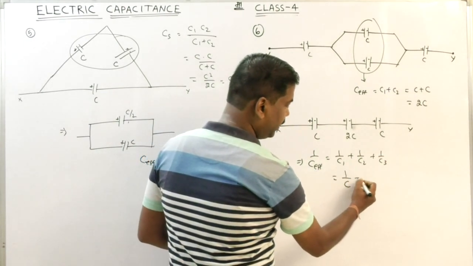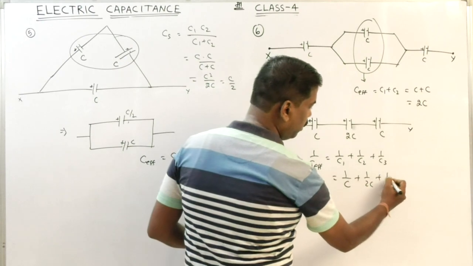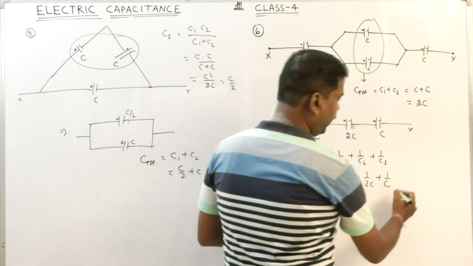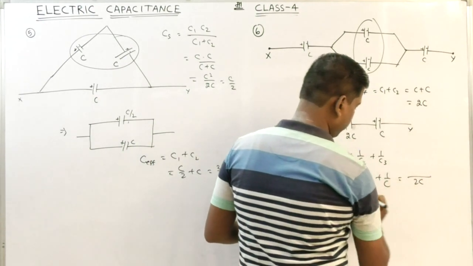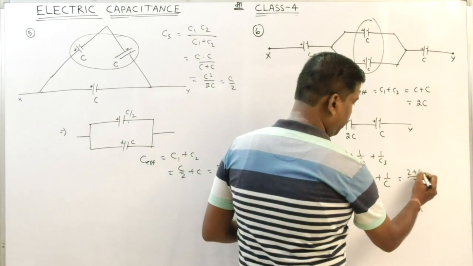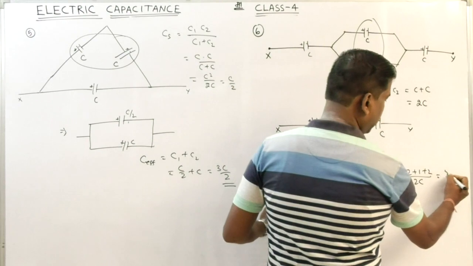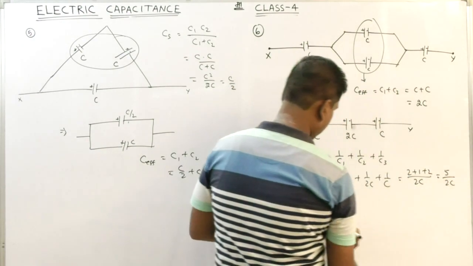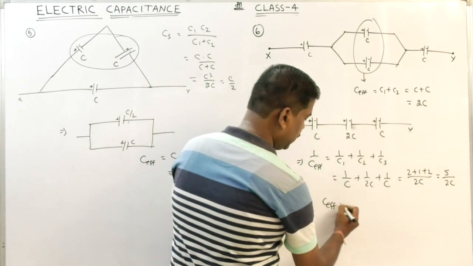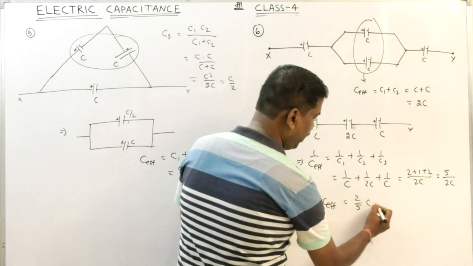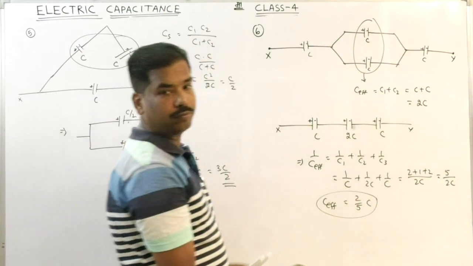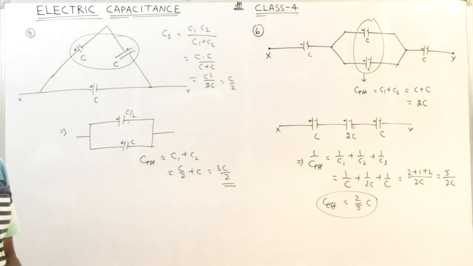That is 1 by C plus 1 by 2C plus 1 by C. By taking LCM 2C, 2 plus 1 plus 2 is 5 by 2C, or C effective is 2 by 5C. Clear?